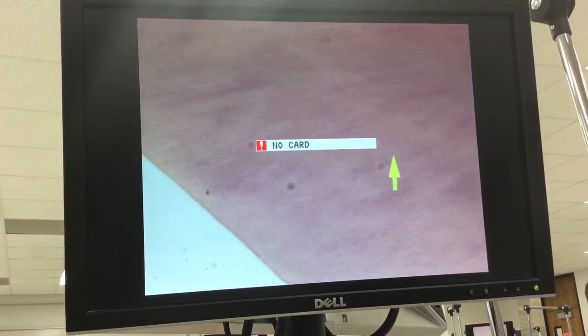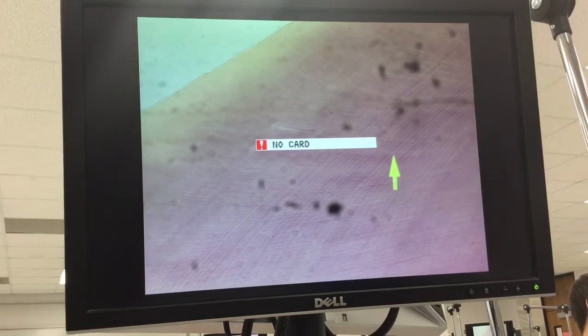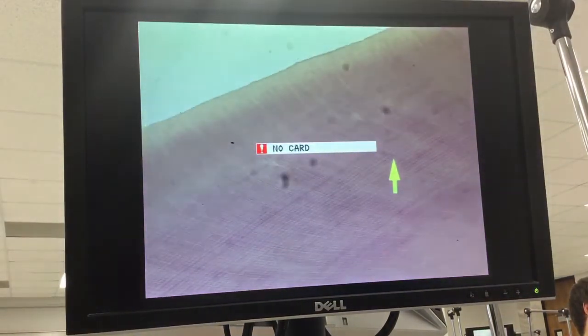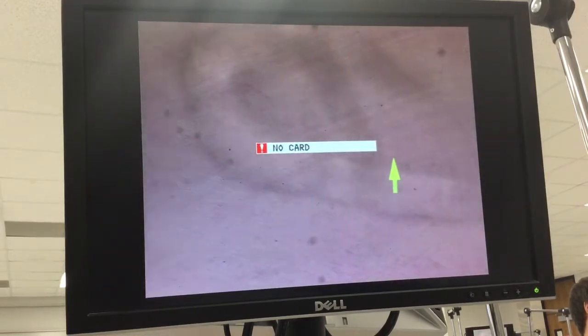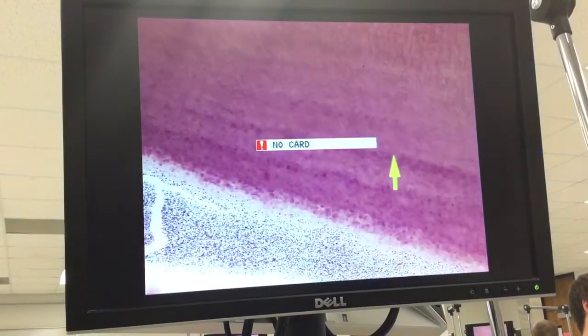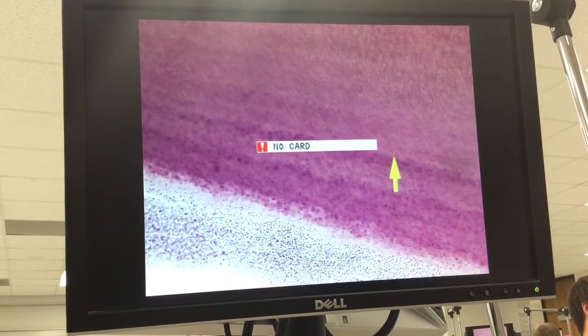And as we look around this slide, right here we can see those lines of von Ebner again, right where it goes around and curves around that crown. And as we come down towards the apex of the slide, you can see these lines of Owen, which are nothing more than accentuated lines of von Ebner.